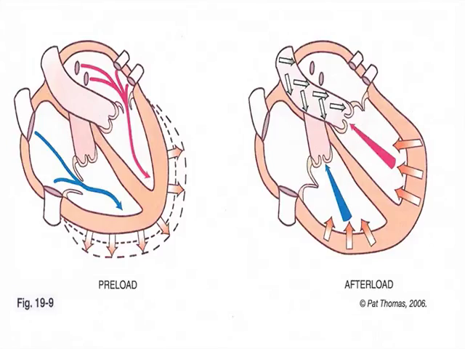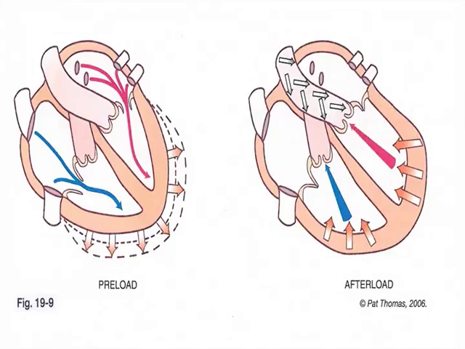If you can think about, the blood now has to push through that aortic, if you're talking about the left side, the aortic valve to push into the aorta to go along with the blood that continues to circulate out to the rest of the body.